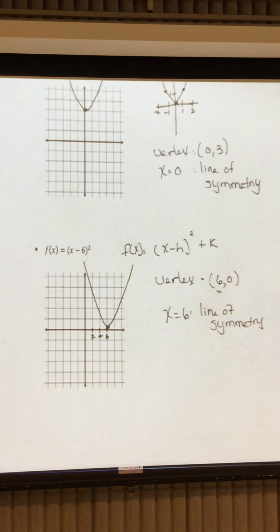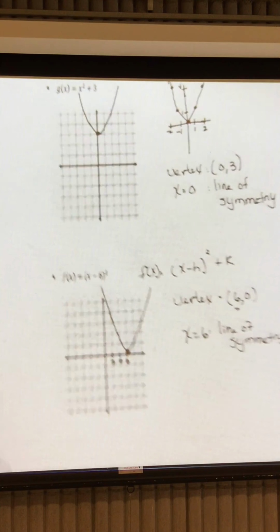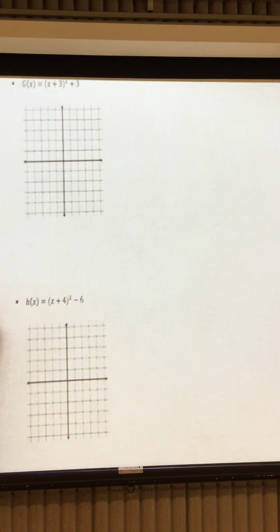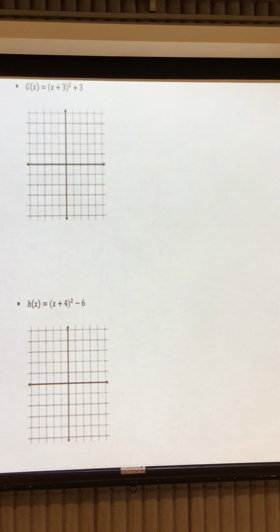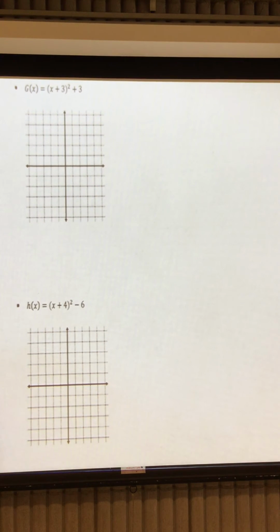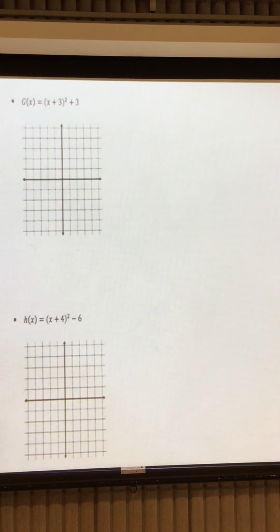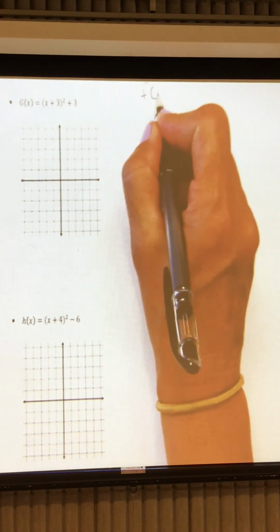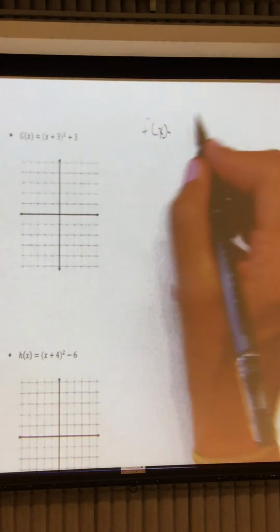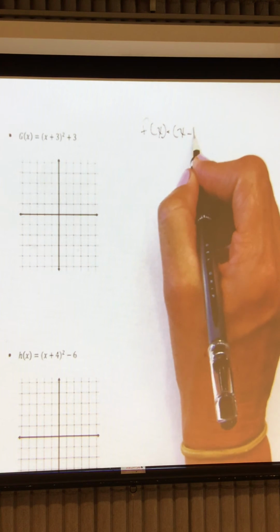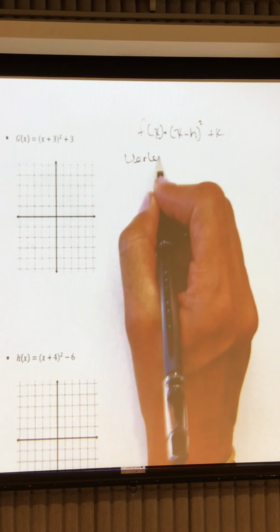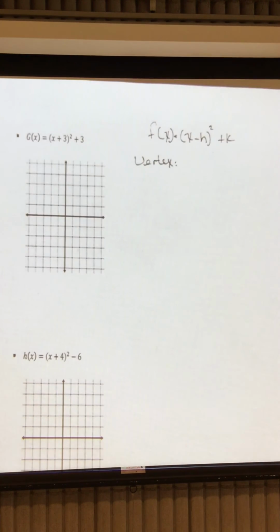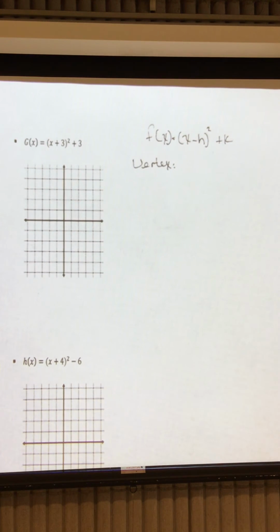Now moving on to the next problem in number 2, you have the graph of x plus 3 squared. So again, our formula is x minus h squared plus k. So our vertex is hk, and our h here is negative 3.